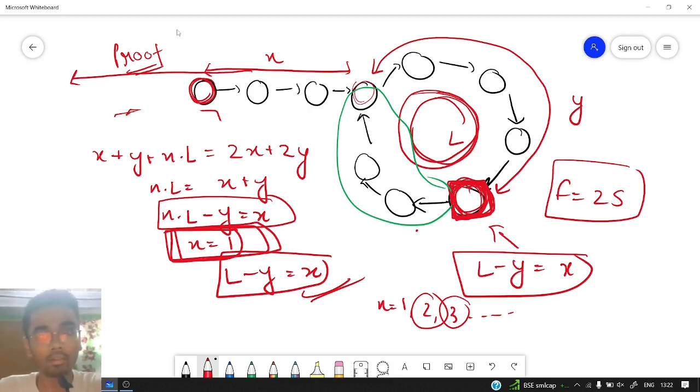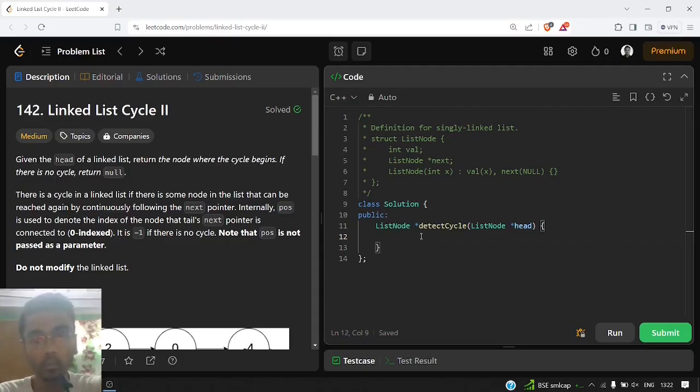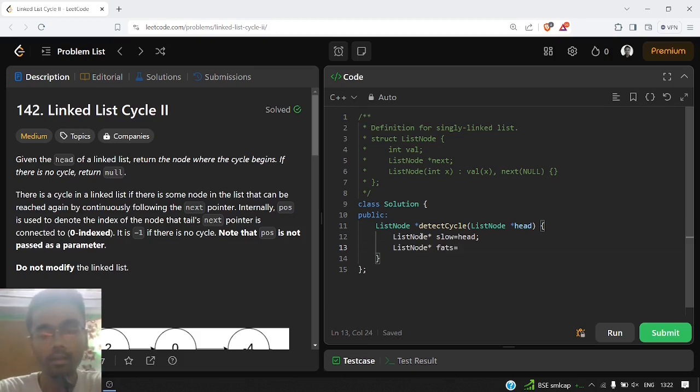So let us code now what we have seen in the algorithm. So let us see the code now. So first we need to detect if there is a cycle or not. So first of all we will create slow pointer and fast pointer to the head of the linked list, and we will also maintain one integer called cycle, which will tell if there is a cycle or not in our linked list.